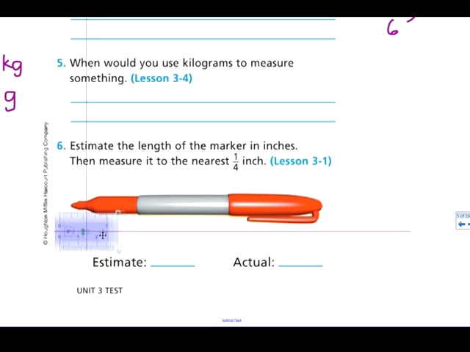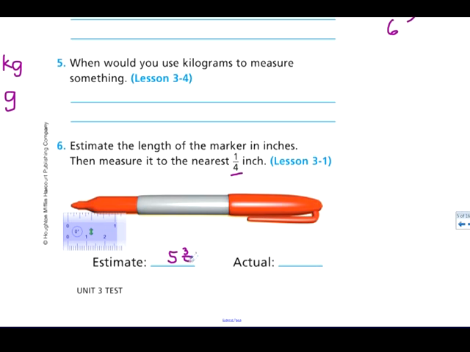So I'm going to go with this scale, but let's estimate about how much that's going to be. So I estimate, I would guess that it's about 5 inches long. And just to make sure it's about on the quarters, I'm going to say 5 3/4 inches long.